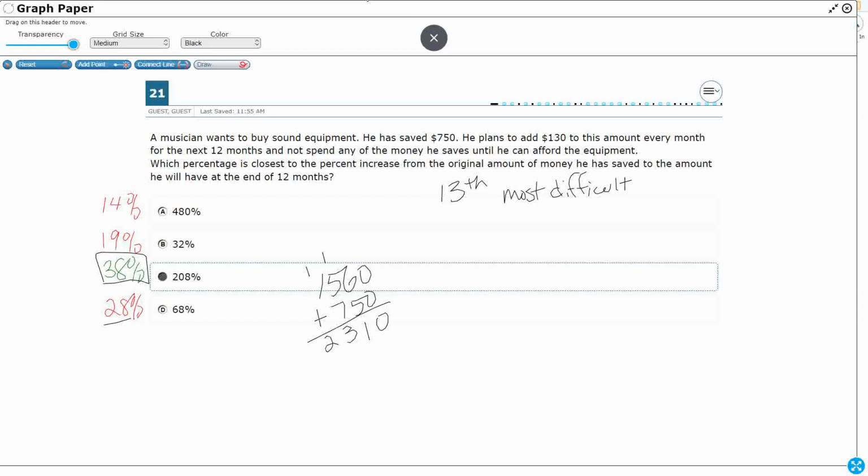If you're not sure how to calculate percent increase, you might take this 1560 and divide it by the total amount of money he has right now, and that comes to about 67.5, about 68%. So that's probably what students did there.